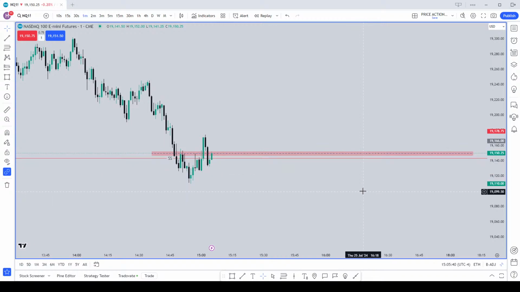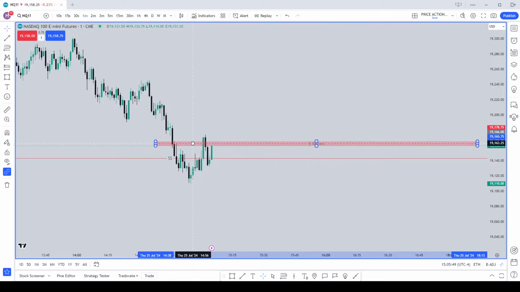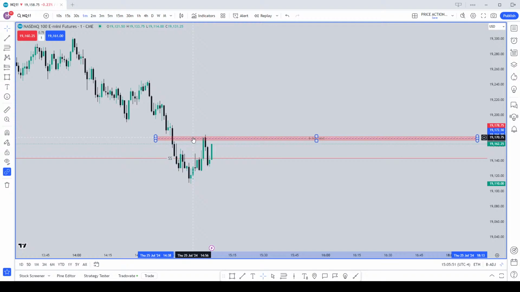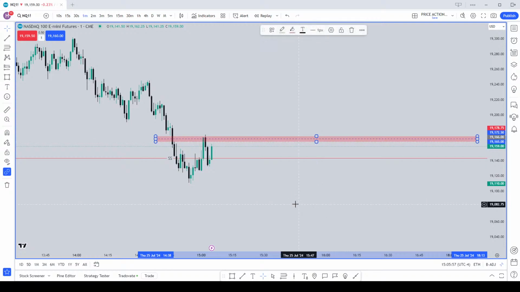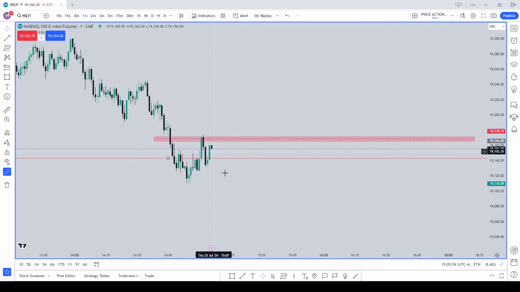Okay, so yeah, it traded above this gap right here. Let's bring it back up to here, which was our, coming back to our previous entry.